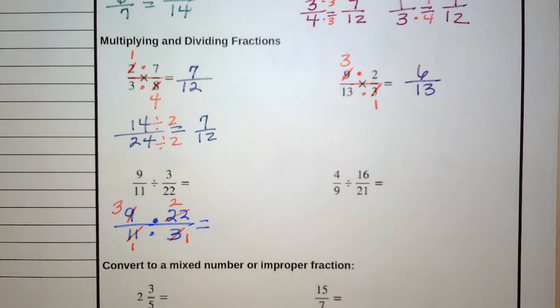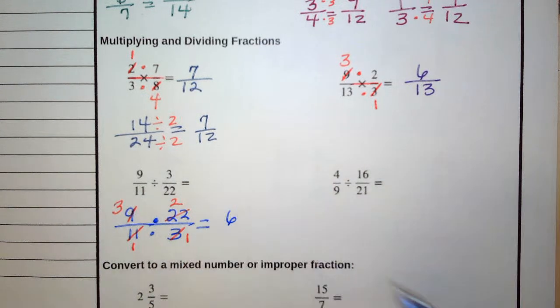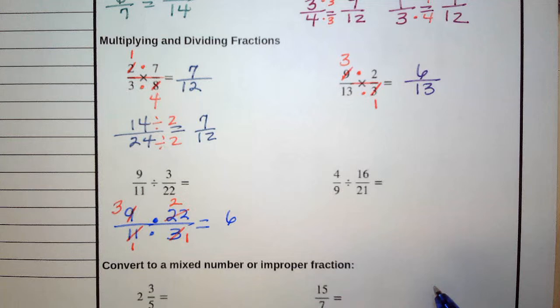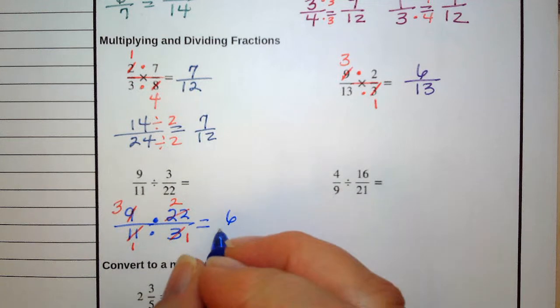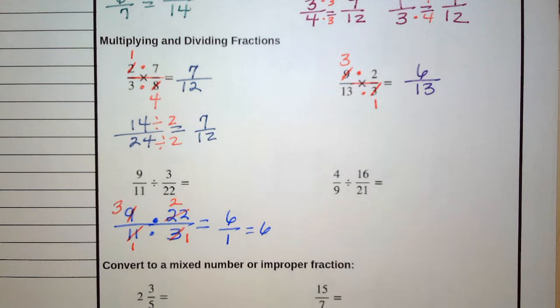When I divide by 1, does it change anything? No, so I'm looking at 3 times 2, which would give me 6. If you wanted to, you could put it over 1 and then equal 6. But you would not have to, because I would hope you would realize that by now.